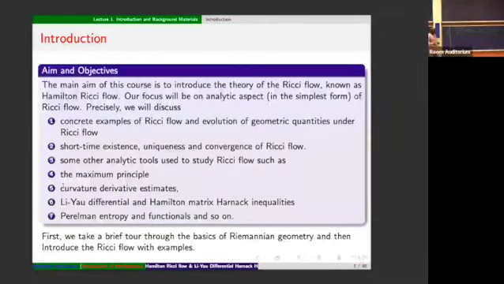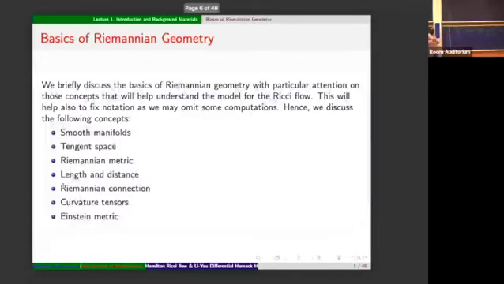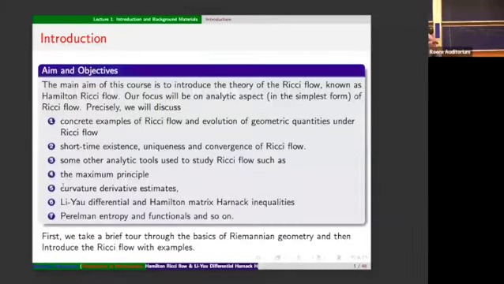So as I said, the aim of the course is just to introduce Ricci flow, the theory of Ricci flow. Our focus will be on analytical aspects, and I said it's going to be very simple.